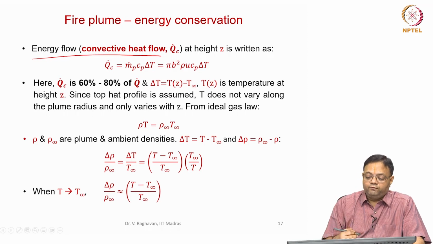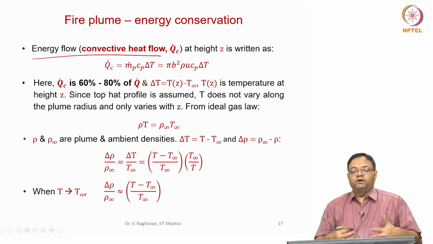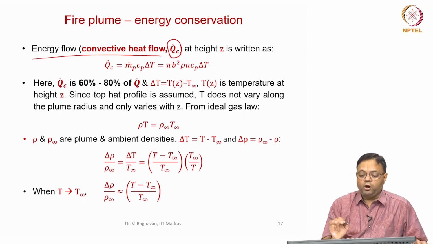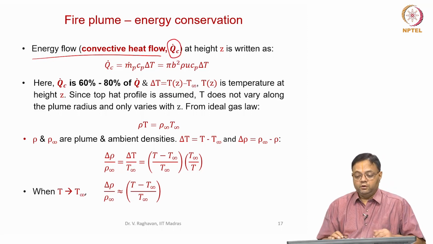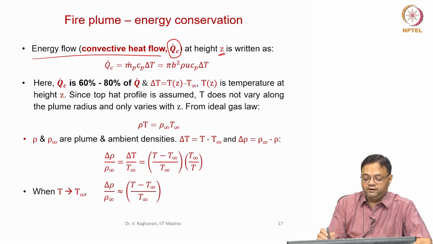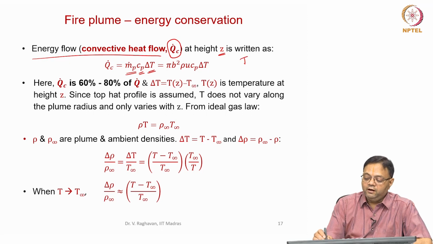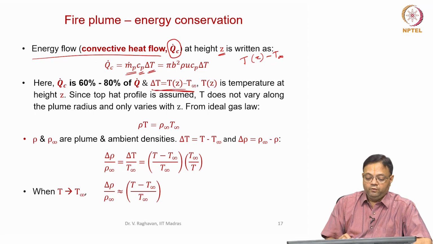The convective heat flow, Q dot C, at any height z can be written as the mass flow rate of the plume into Cp into delta T. Delta T is nothing but T at that particular height minus the ambient temperature.